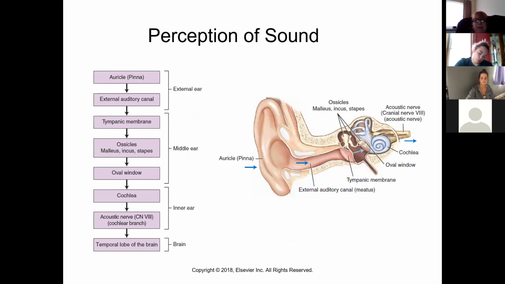So when there are hearing issues, it could occur at any one of these locations. The most common one is in the auditory canal, and it's earwax. When earwax builds up in that auditory canal, that is the number one reason people cannot hear. And we'll talk about some more reasons for not being able to hear a little bit later on in the slideshow.